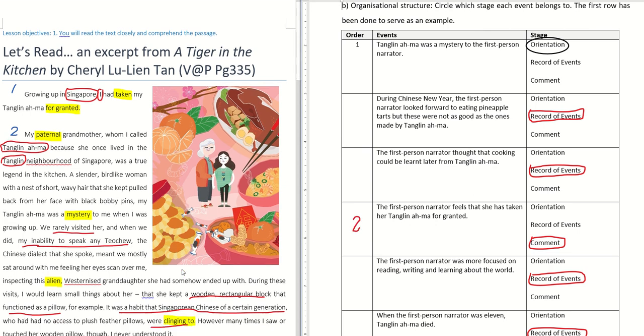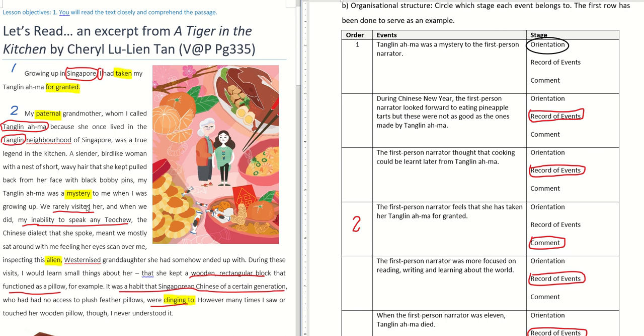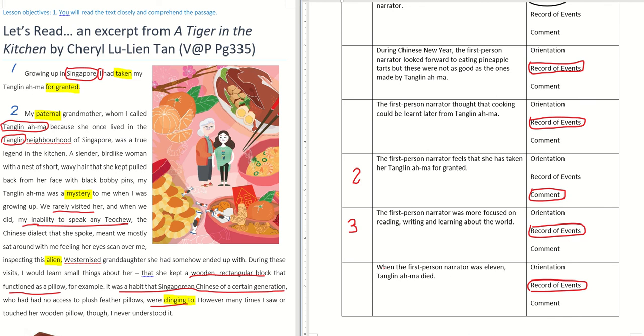Okay, and then talk about how she rarely visited her, and she would learn small things about her. She never understood her, so she was more focused on learning about the world.